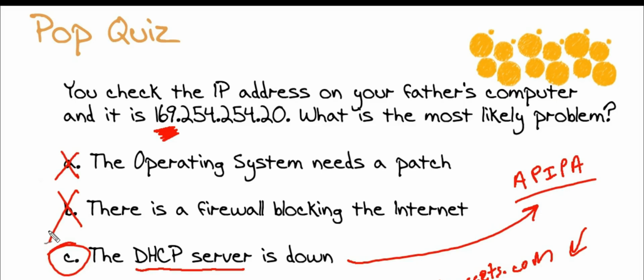Now, the exam author here is saying the server is down, but that could mean any number of things. The DHCP server could be misconfigured, for example, and we're not getting our information correctly. DHCP, though, is the key, as we can see in this particular pop quiz question.